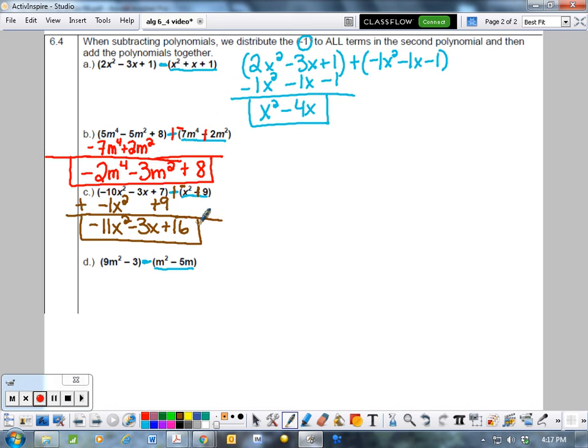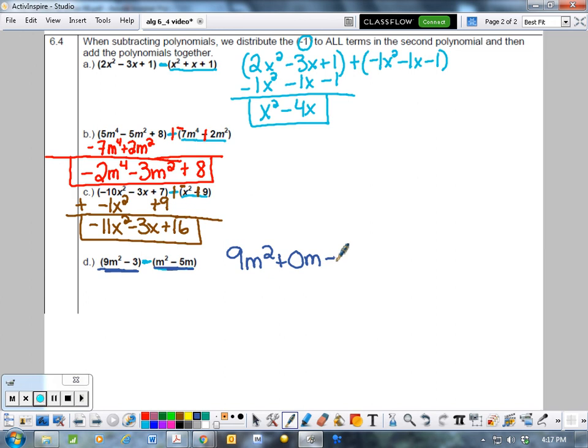And then our last one, again, I have a binomial and binomial, but as I look ahead, I see that this has a term that this doesn't, and this has a term that that doesn't. So I'm going to take a little bit of time, especially if you're the type of person that is liable to make mistakes and not pay attention.